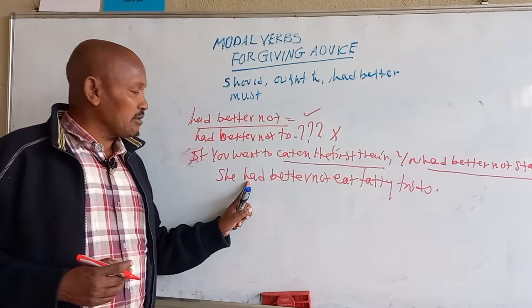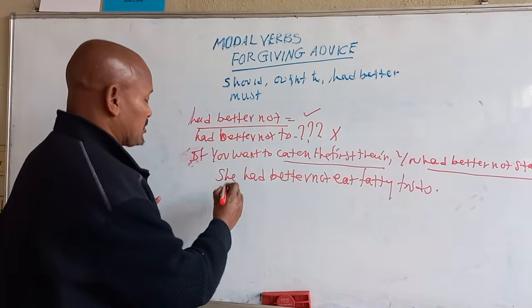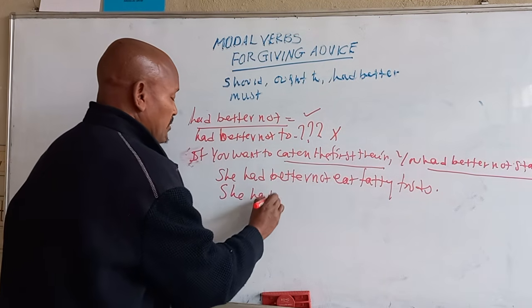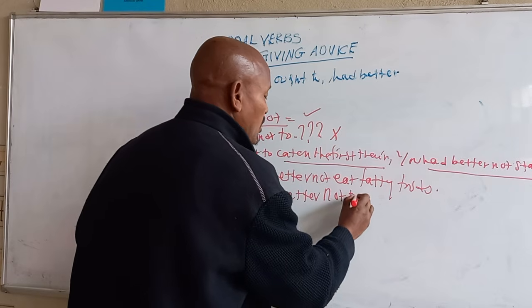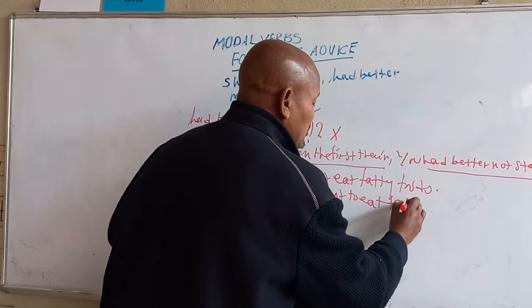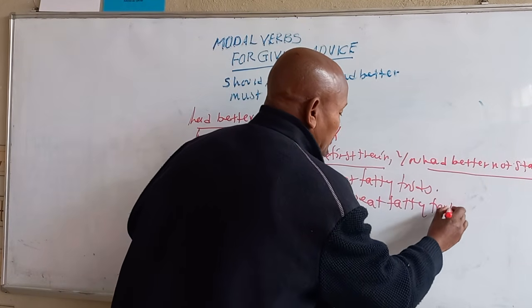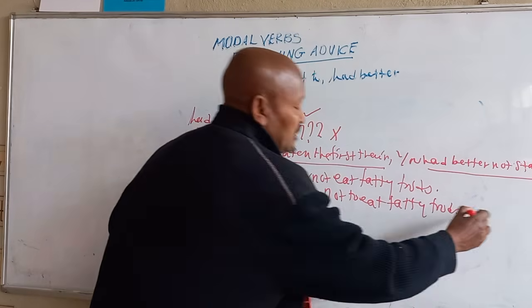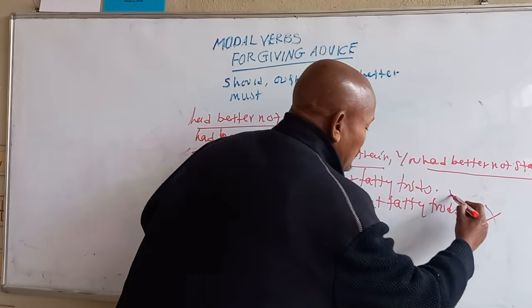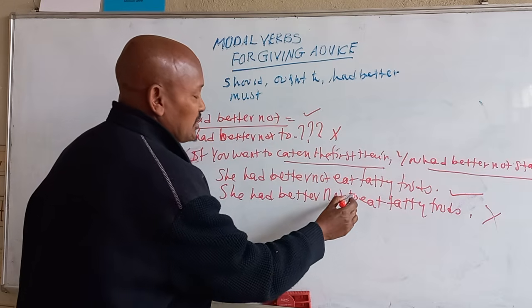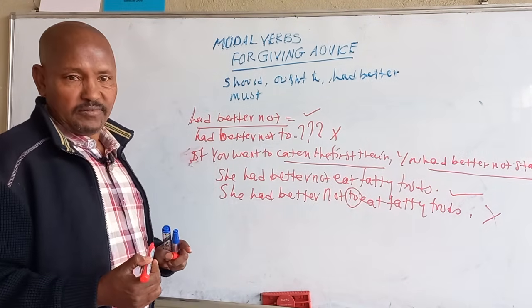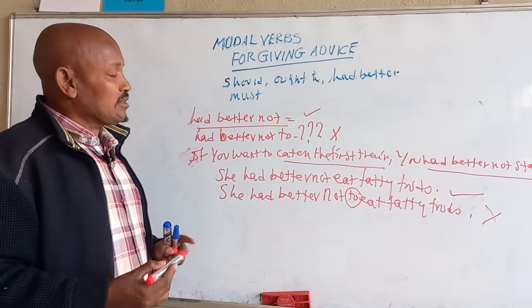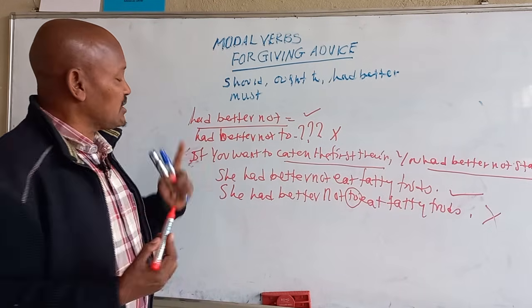She had better not eat fatty foods is right, but "she had better not to eat fatty foods" is wrong, because it doesn't take an infinitive here.